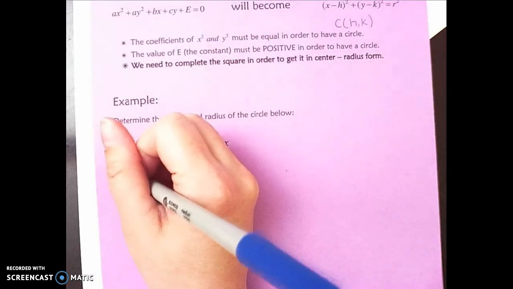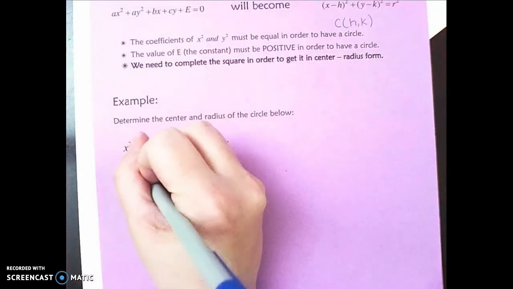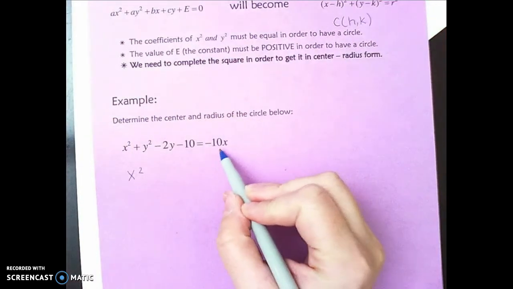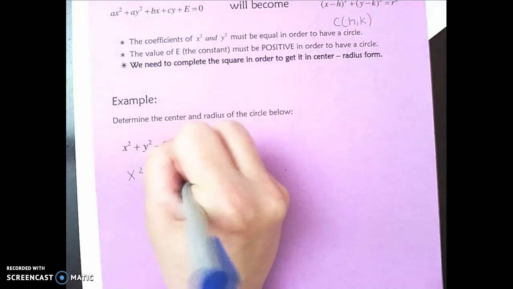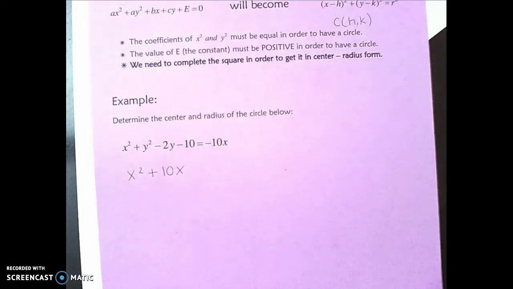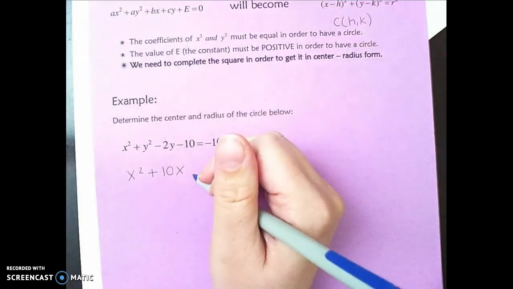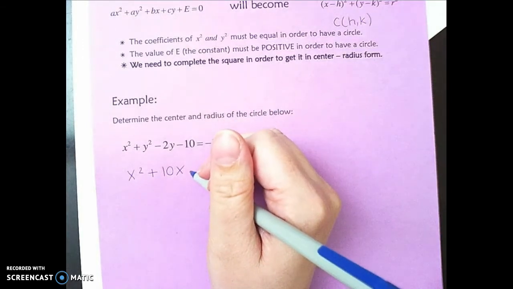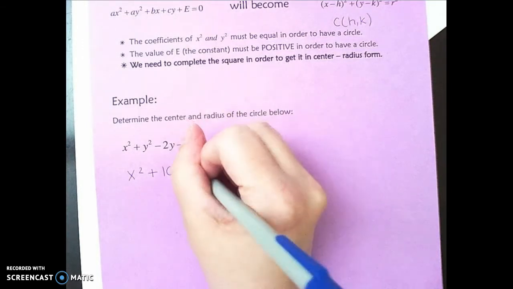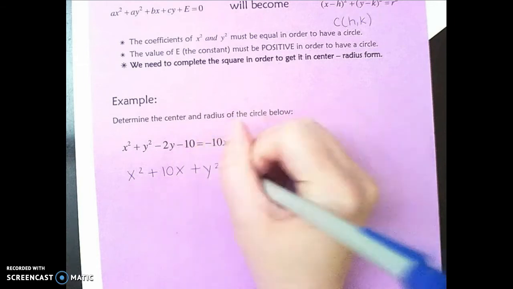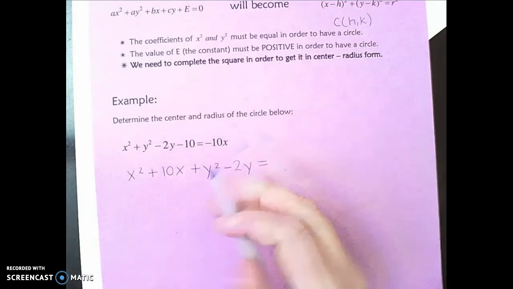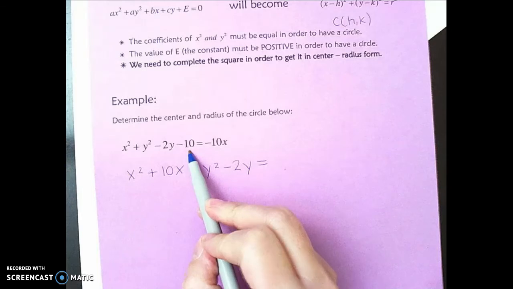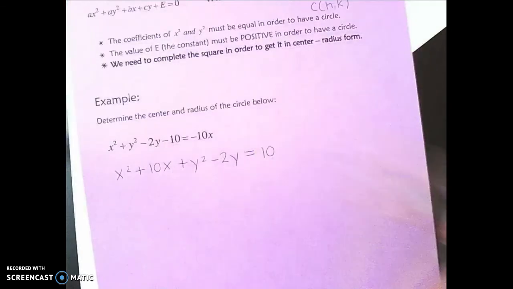So my first step is x squared, plus 10x, and then my y terms: positive y squared minus 2y. And then I bring the constant to the right side, so my negative 10 becomes a positive 10.